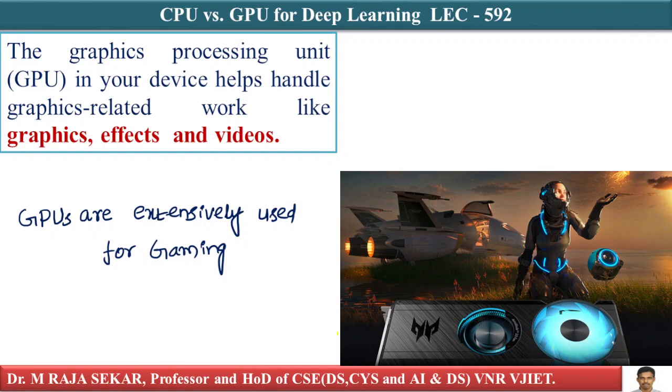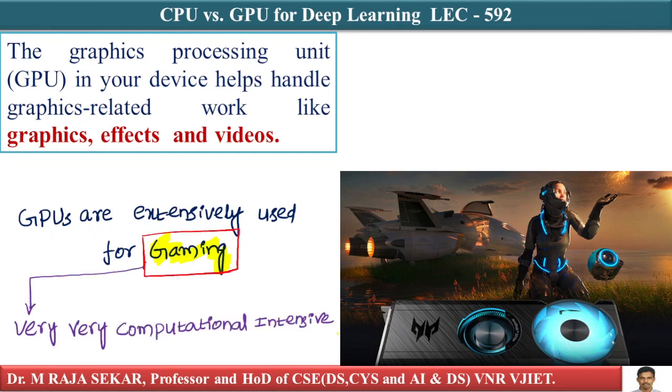If you play any high-end game on your laptop or desktop, you will need a GPU, as gaming is very computationally intensive. Just imagine you have to render lots and lots of dynamic video on your screen.